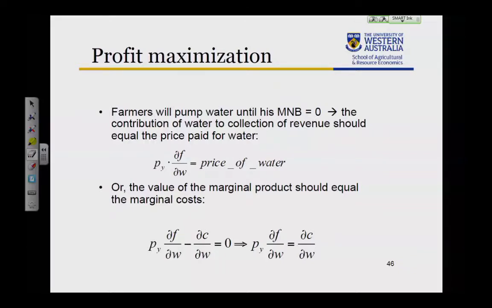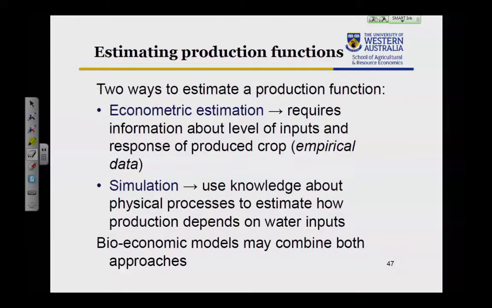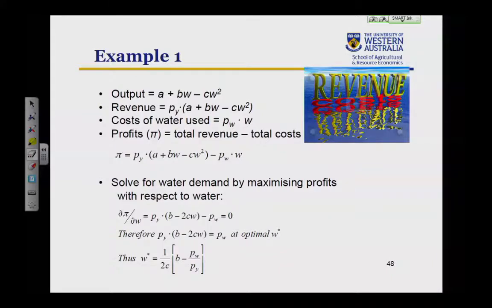So that's the value marginal product equals marginal factor cost story in production economics. How do we estimate production functions? Well, econometrics is one, but if you are doing simulation like EPSIM or something, people simulating growth of crops and so on, they could also have other ways, or bioeconomic modeling, which might combine things.